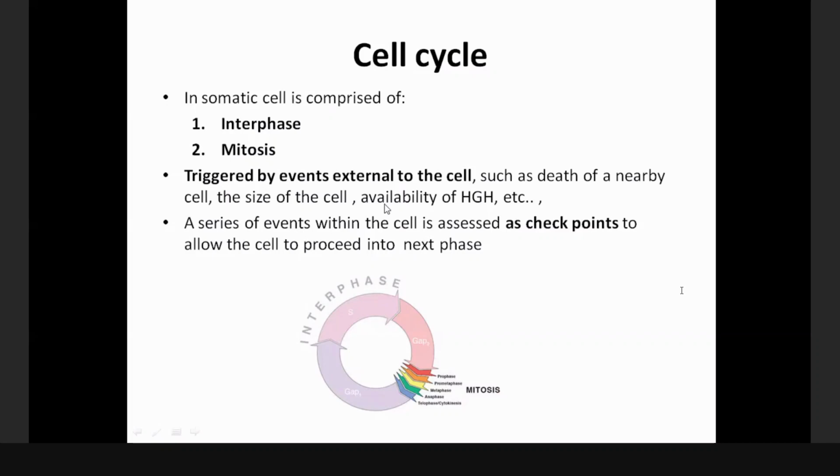Before it gets into the next stage, the activities which have to take place in the previous stage should be checked. We call these checkpoints. In the cell cycle we have three important checkpoints, two of which I'm going to show you soon.